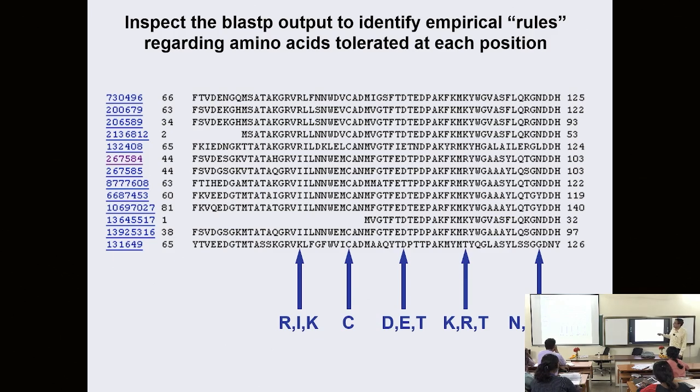And there are patterns actually. You can see that some columns have only R, I, K substitutions. On the other hand, this column has only C, cysteine. So cysteine is completely conserved in this column. And then D, E, T substitutions, K, R, T substitutions.